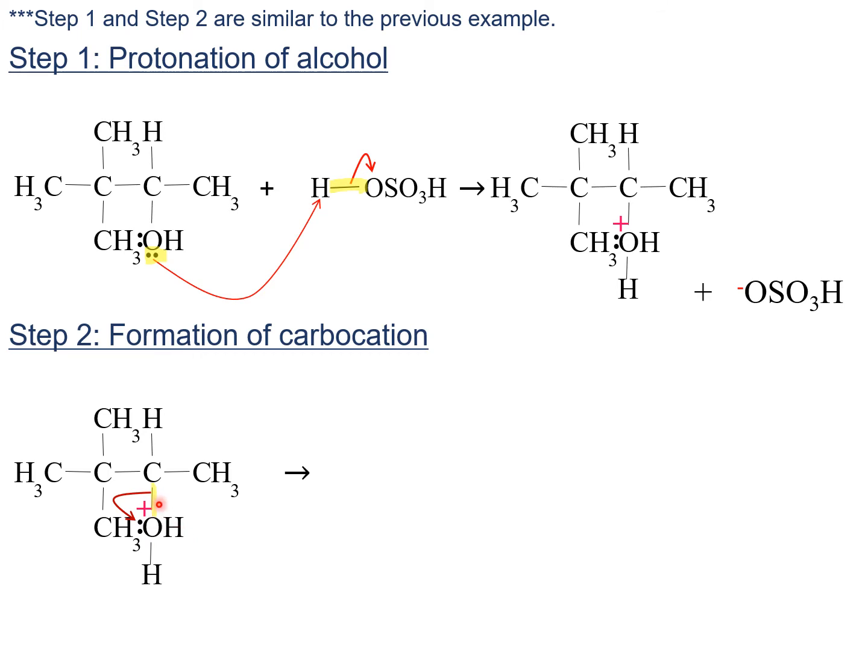So we show an arrow from this bond to the protonated alcohol, because we want to break this bond heterolytically. Since this bond goes to this H2O+, this protonated alcohol, we will get the carbocation. Okay, we will get the plus sign at the bottom of this carbon.